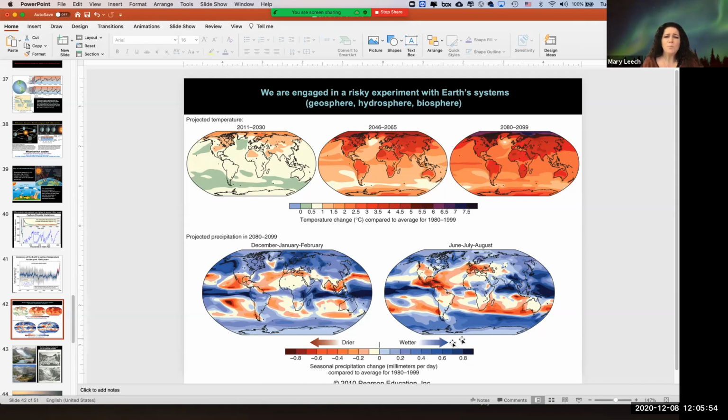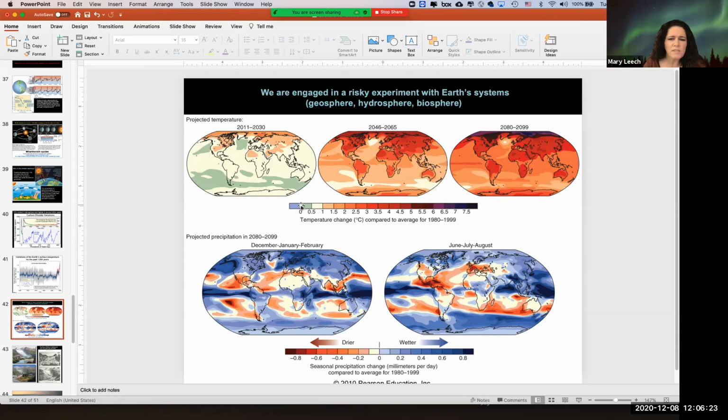That has an effect on precipitation. So that affects the amount of erosion. It affects the glaciers. It affects the hydrosphere, the sea level, and what's going on land, the biosphere as well. If we look at today, here's projected temperatures. And here's that 0. This is temperature change from this 1980 to 1999 range, which is 0.